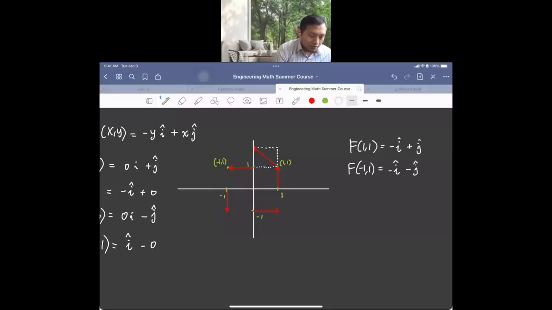Negative i is going to the left, negative j is going to the bottom like that. So we will have it like that. And if you try another one, maybe here and here, you will notice that it should be going to here.